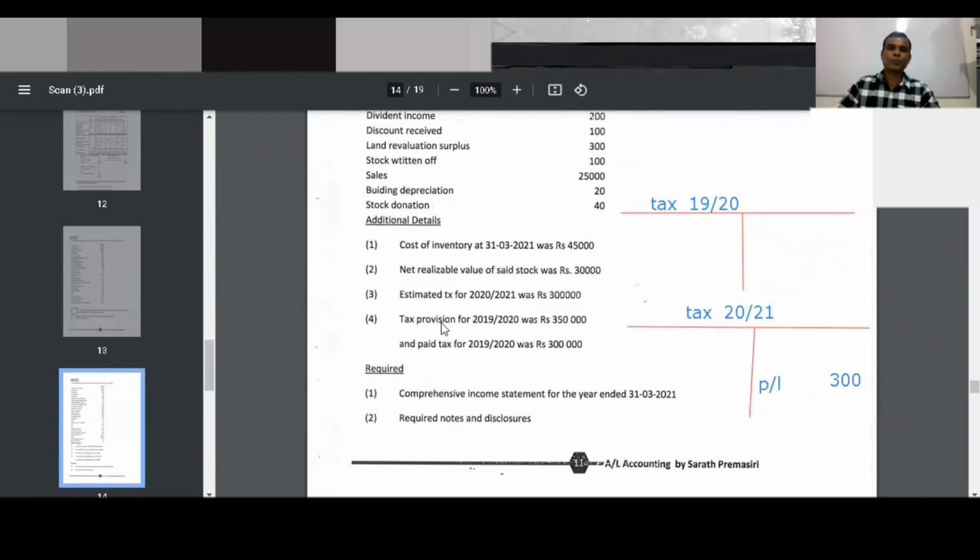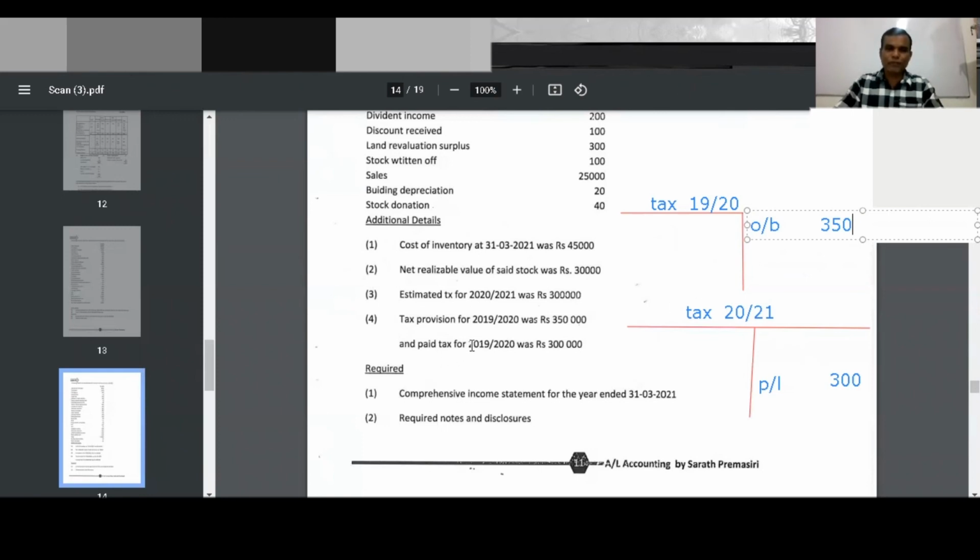Now next one, tax provision for 2019 and 2020. The tax provision should be recorded here. This is the opening balance. Opening balance tax, how much is that? Tax provision is 350. In the previous year, when we prepared the financial income statement, we provided 350 tax for this year. We estimated the tax as 350.